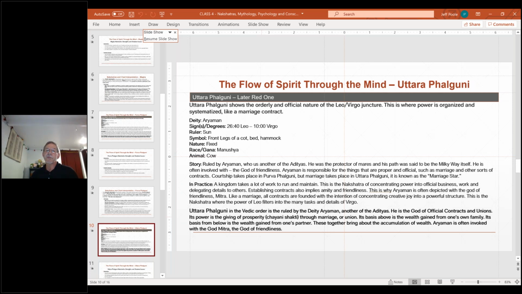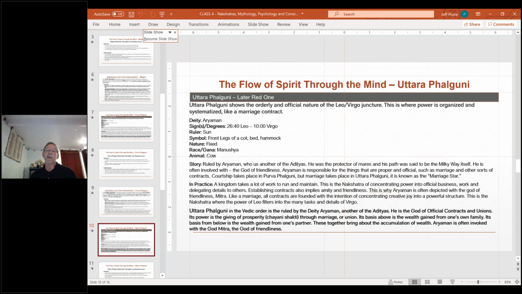That means if you're going to establish a contract, you need to do that with amity and friendliness. You don't grab somebody by the shirt collar and pull them over and say, here, sign this contract and get to work. There is that expression of friendliness, where everybody wants to contribute, wants to serve and get involved in the kingdom. This is why Aryaman is often depicted with Mitra, the god of friendliness.